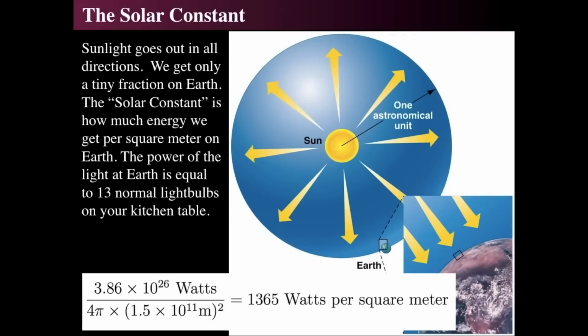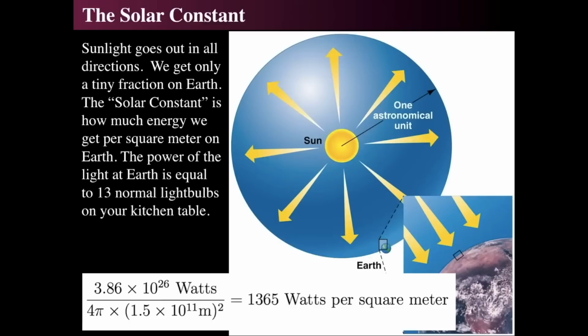And the solar constant is what we get from the sun. So all the sunlight goes out in every direction, and at 1 astronomical unit away, or 93 million miles, or 150 million kilometers, or 150 billion meters, is what we get.